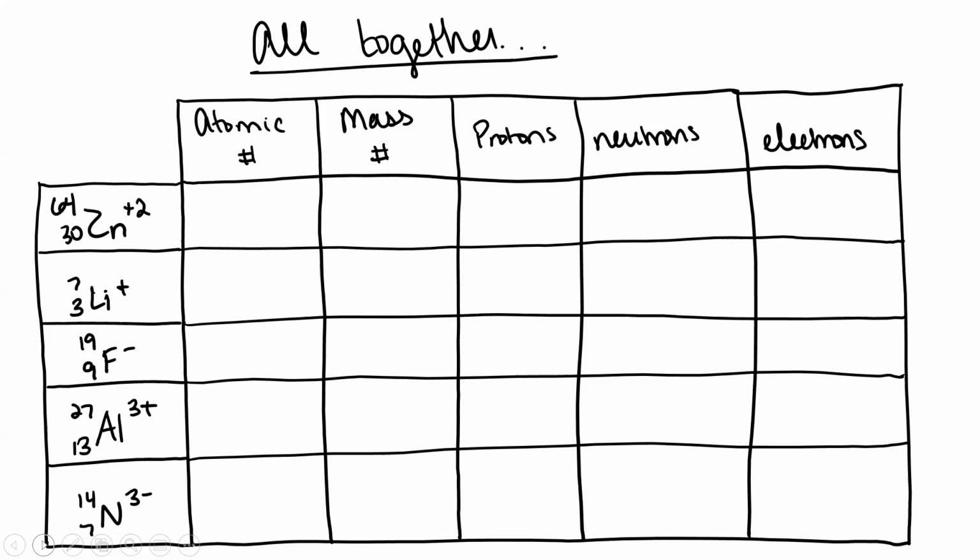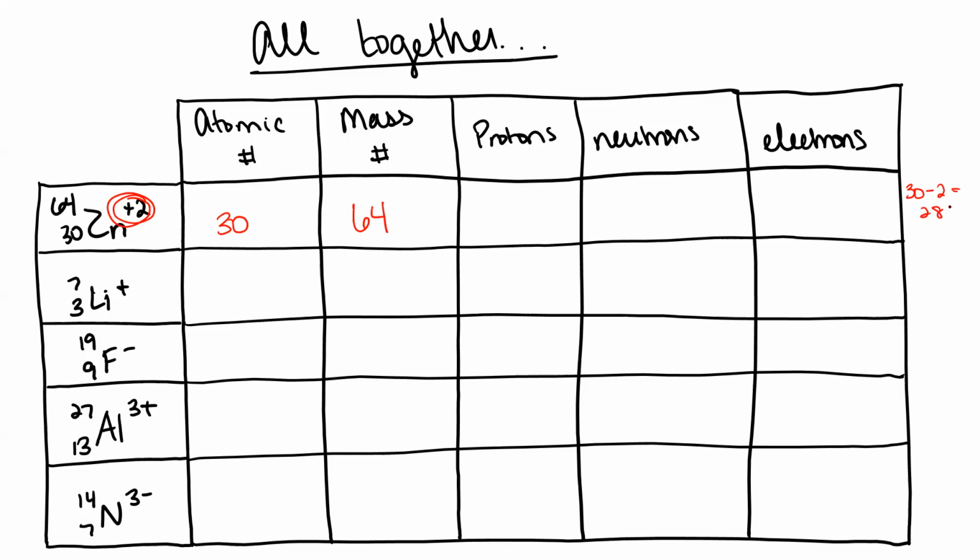Both the mass number and the atomic number are given to us. So we can write 64 in for the mass number, 30 for the atomic number. Now, we are also given its charge. It's plus 2. So going by that formula that we have, where it's the atomic number minus the charge number, we can actually write this as 30 minus 2 equals 28.